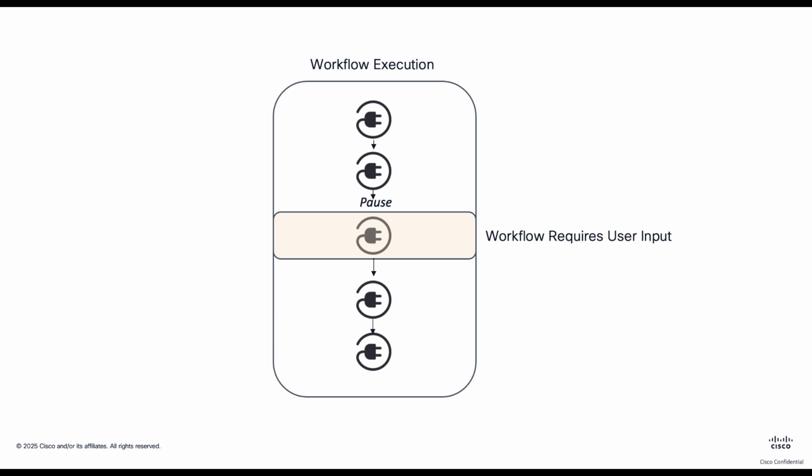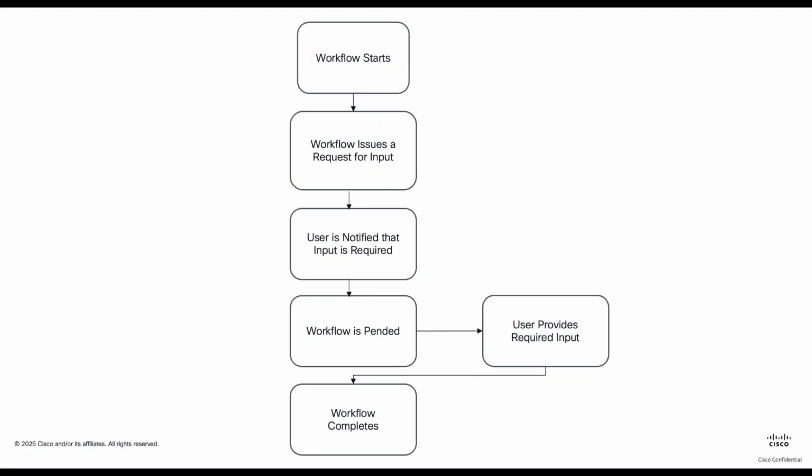So what does the flowchart of that look like? If we look at this diagram, we have a workflow that started, and then somewhere along the line, more information is needed. So there is a request for input, a user prompt that is specifically designed into the workflow at a particular location before any further execution can continue.